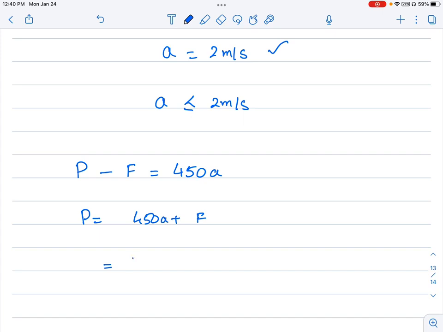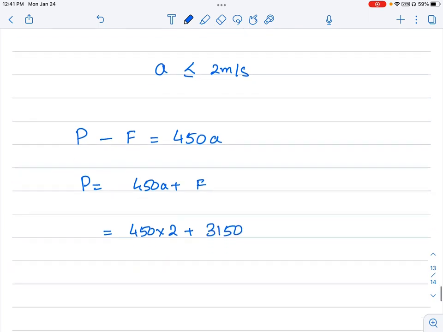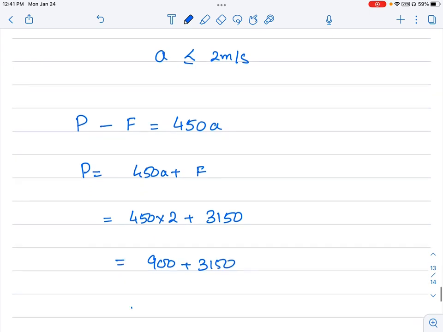When will it be the maximum? Whenever the acceleration is 2 meters per second squared. So 450 times 2 plus the frictional force. Minimum force required to make them slide is 3150. So 450 times 2 plus 3150. When I simplify that, it becomes 900 plus 3150, which gives me 4050 newtons.